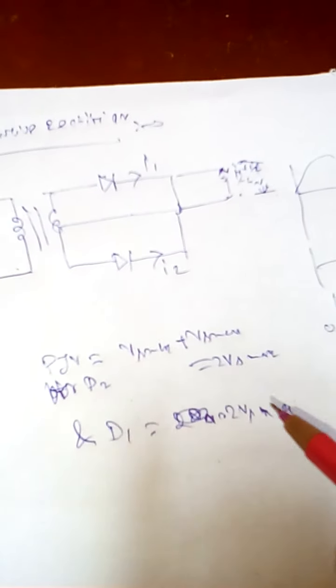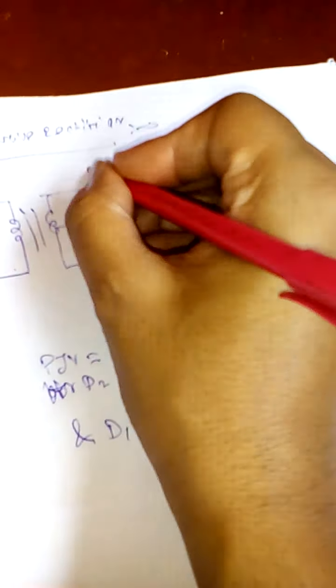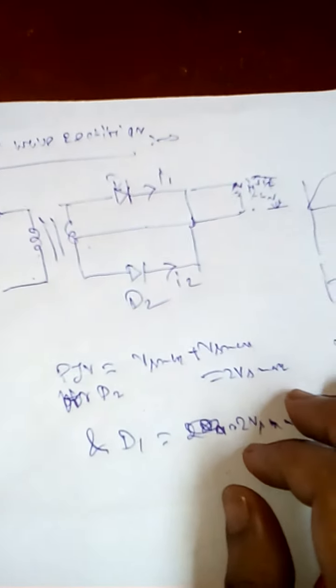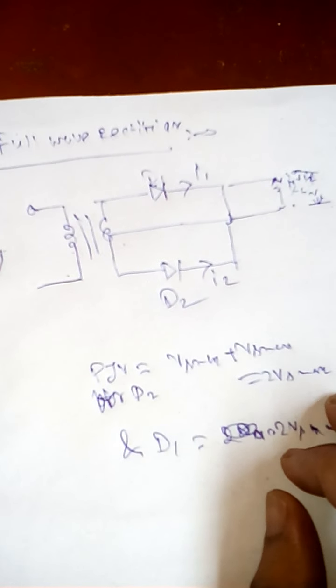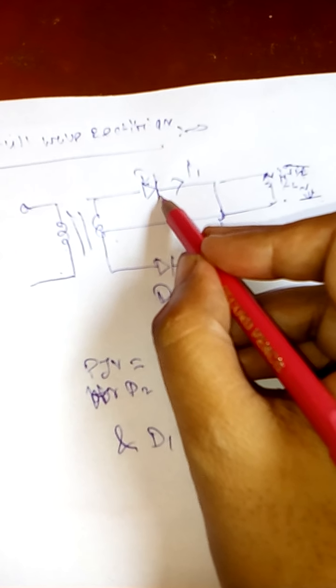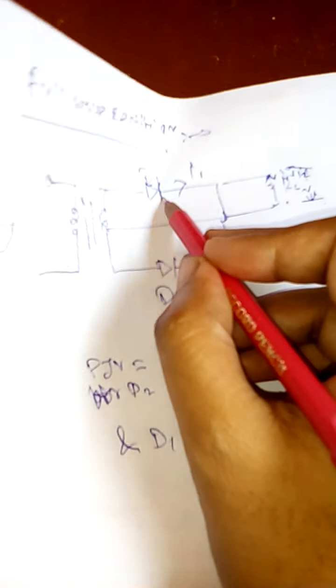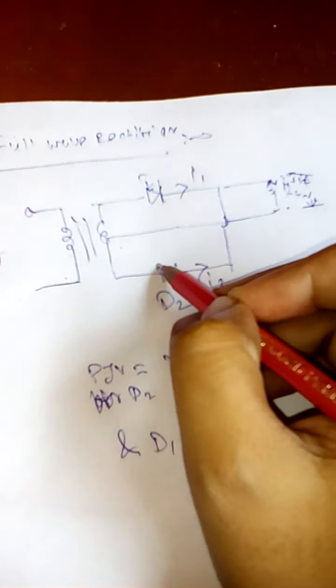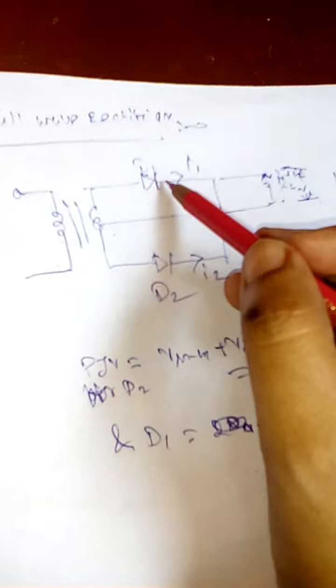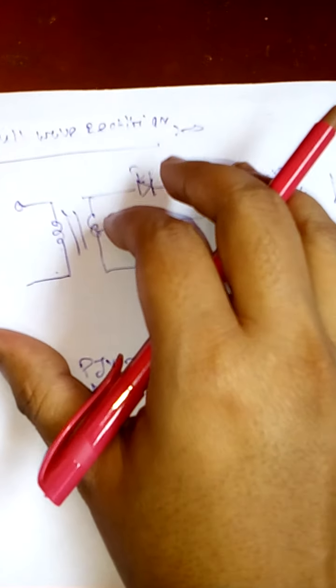In this rectifier, there are two diodes D1 and D2. This is the primary wave, this is the secondary wave. During the first half cycle, the anode of D1 is positive with respect to the cathode, and D2 is negative with respect to the cathode. So D1 conducts, being forward biased, and current flows through diode D1 and load resistance RL.